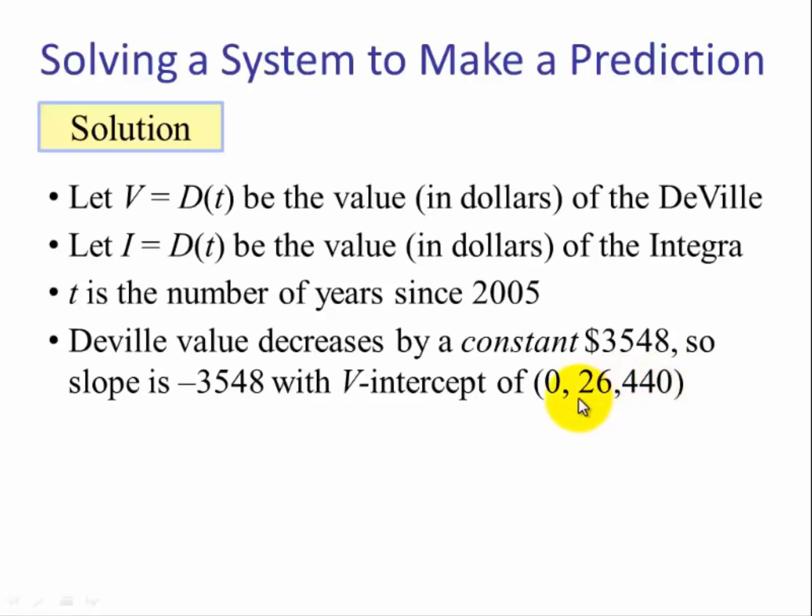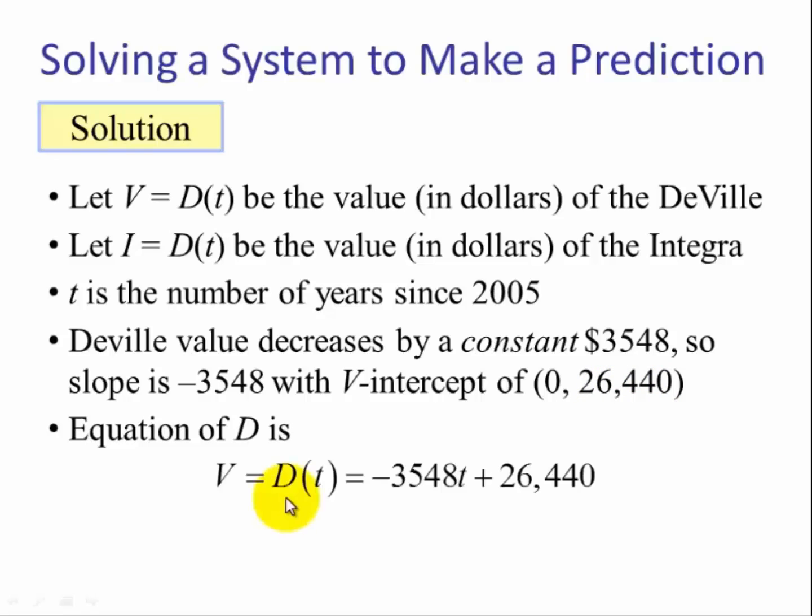So it turns out our y-intercept is 26,440. So the equation of D can be thought of as y equals mx plus b. Our dependent variable y can be expressed as V or D of T. Our slope is negative 3,548. Our x, our independent variable, is T.